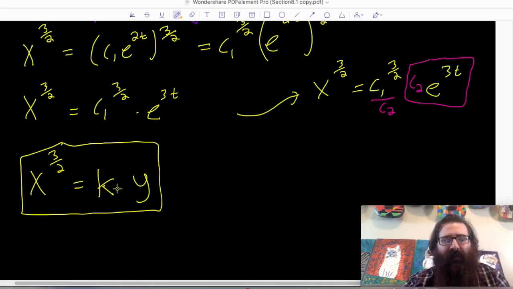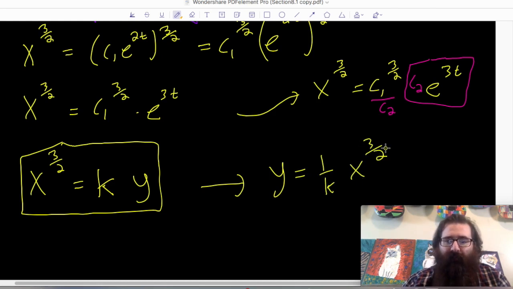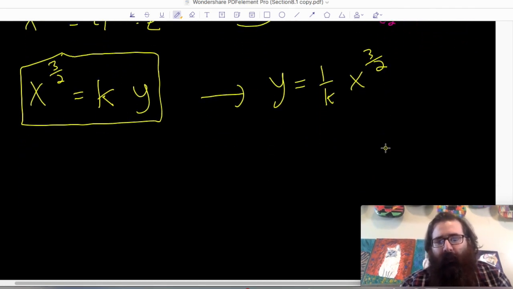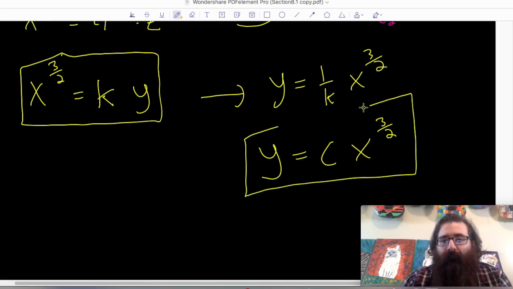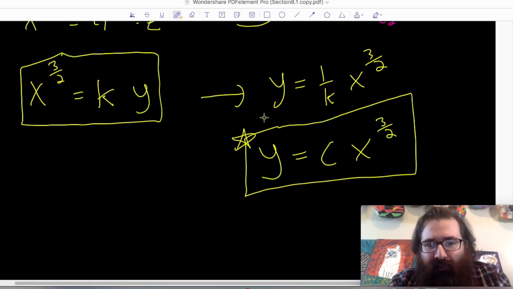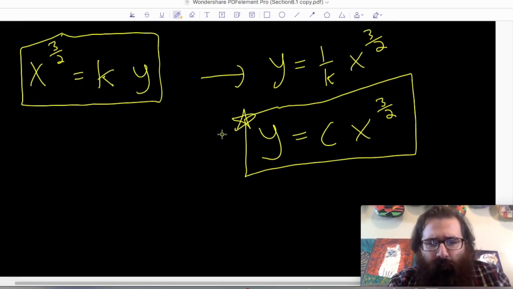And here, since k is just some constant, we could divide k over and say, well, then y is equal to 1 over k times x to the 3/2. And 1 over k is just some coefficient, so we could call that c, for example. Just some constant c times x to the 3/2. So some relationship there between x and y if we're interested in it.